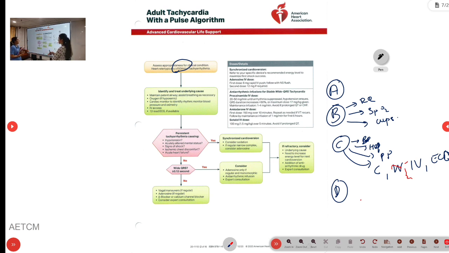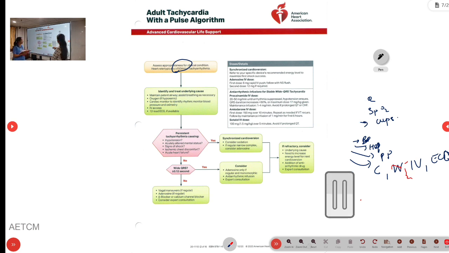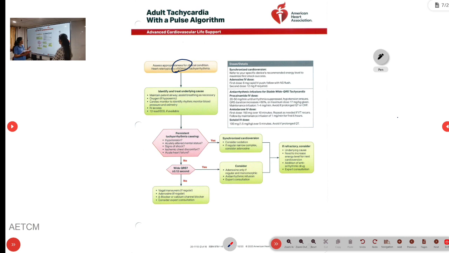If the patient is hemodynamically stable, we will say the signs of hemodynamic compromise are not there. Then look at whether it is a wide complex, QRS of more than 0.12.